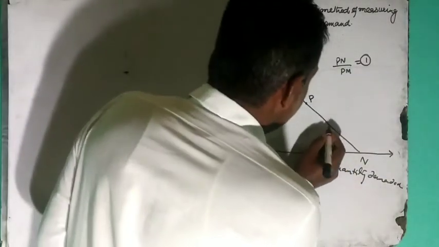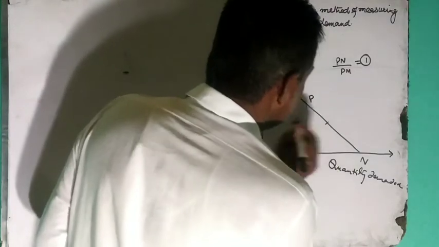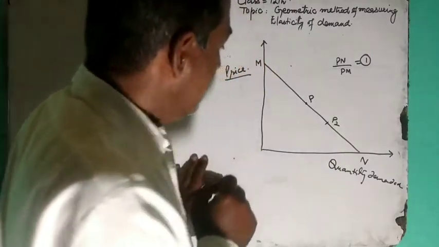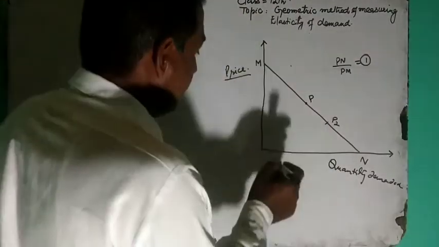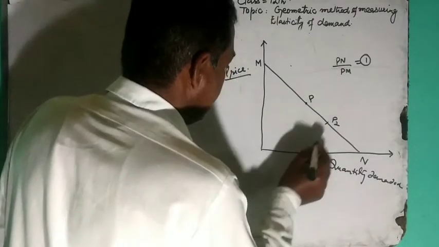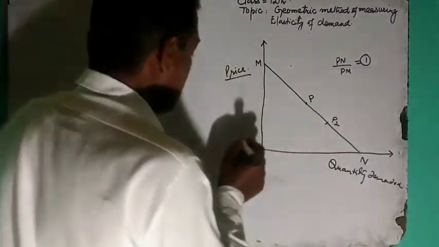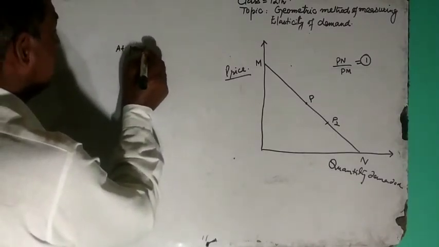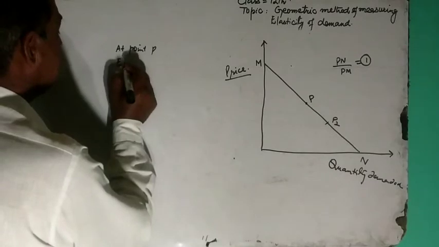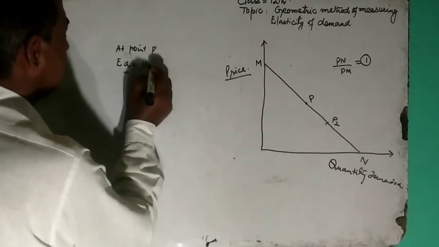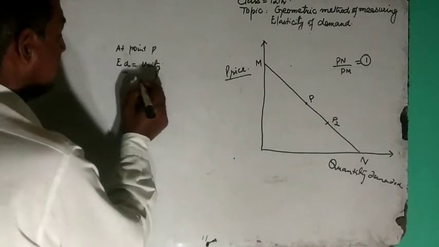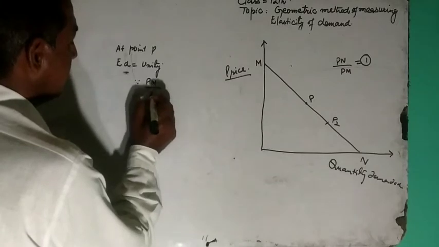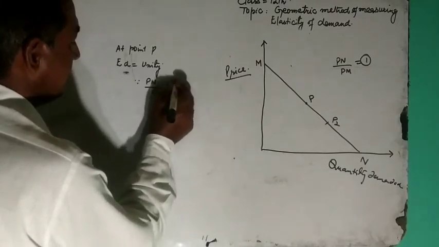When we have to measure elasticity of demand at this point, let it be P. In this case, at point P, elasticity of demand is equal to unity, because PN divided by PM is equal to 1.